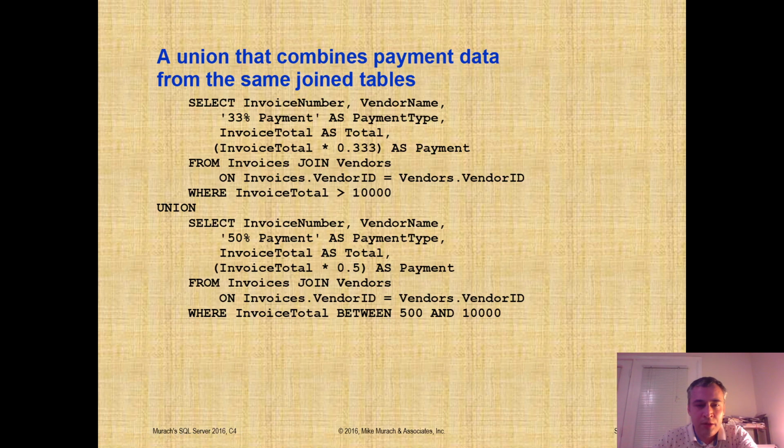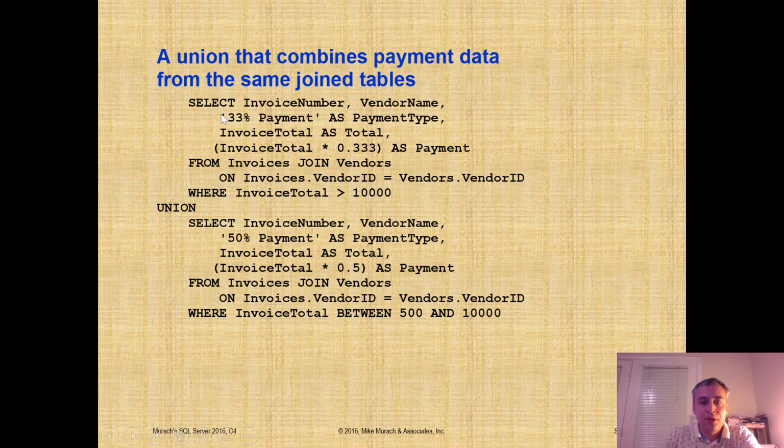So we are taking columns from inner join of invoices join vendors on the very same key, vendor ID and vendor ID over here, but satisfying different conditions. Where invoice total is bigger than 10,000 in the first place, so all the big totals, and the second one, invoice total between 500 and 10,000.